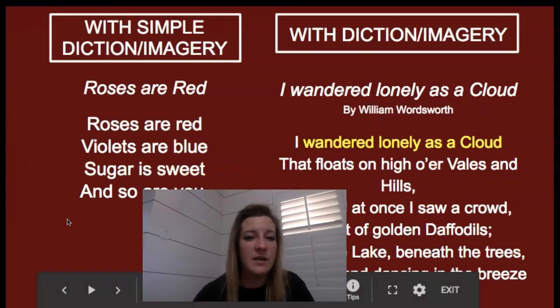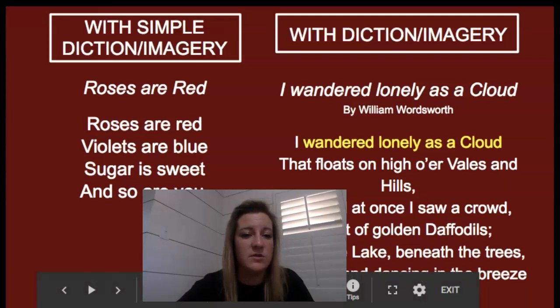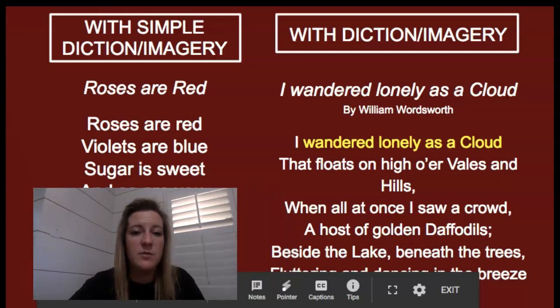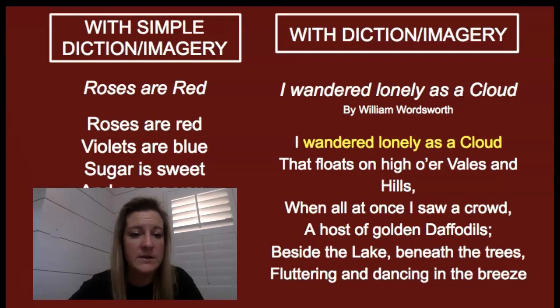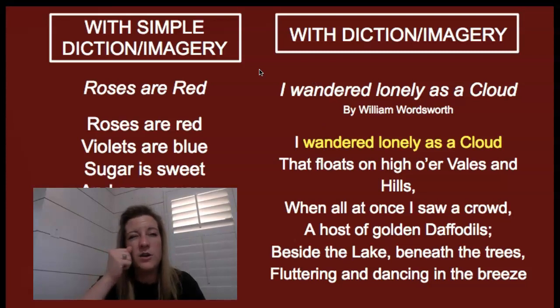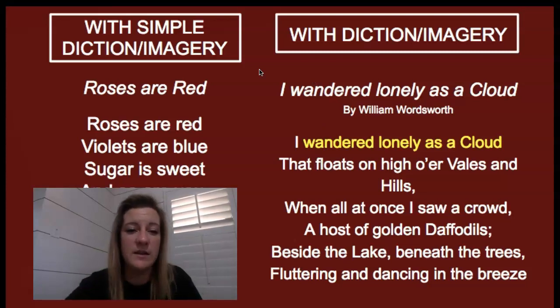Another example with a little bit stronger diction and imagery is from the poem I Wandered Lonely as a Cloud by William Wordsworth. He's one of the older poets that we study, and he uses imagery and diction in his poem to create pictures for his readers. So, I wandered lonely as a cloud.